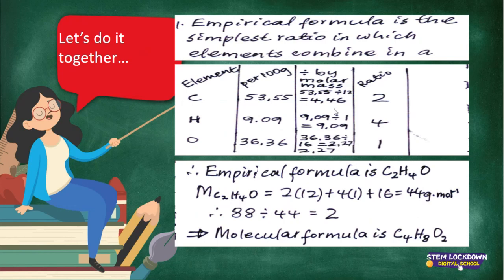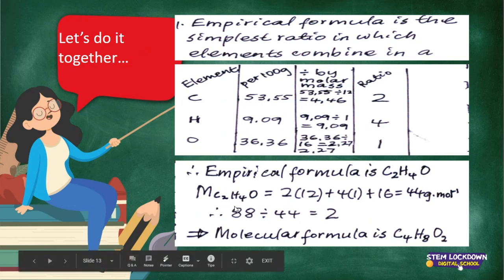Then we divide every number by the smallest number and round to the nearest whole number. 2.27 divided by 2.27 is 1. 9.09 divided by 2.27 is 4. And 4.46 divided by 2.27 rounds off to 2. Now it means the empirical formula is C2H4O.